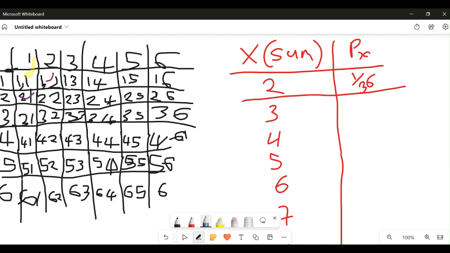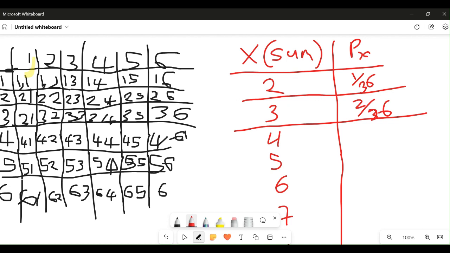So we have only two of them that will give us 3. We have 1 plus 2 and 2 plus 1. So therefore what we have here is 2 over 36.